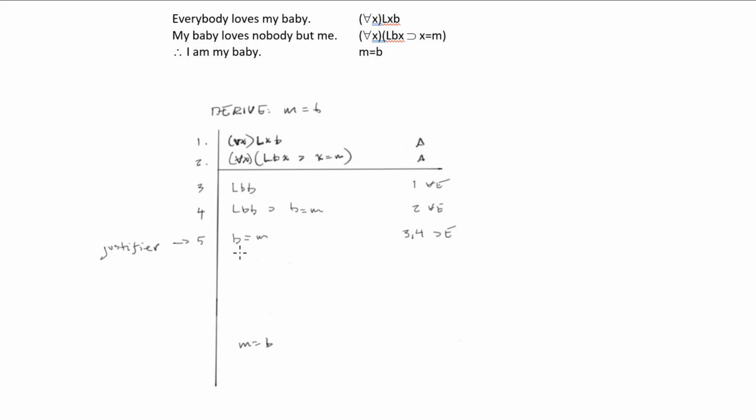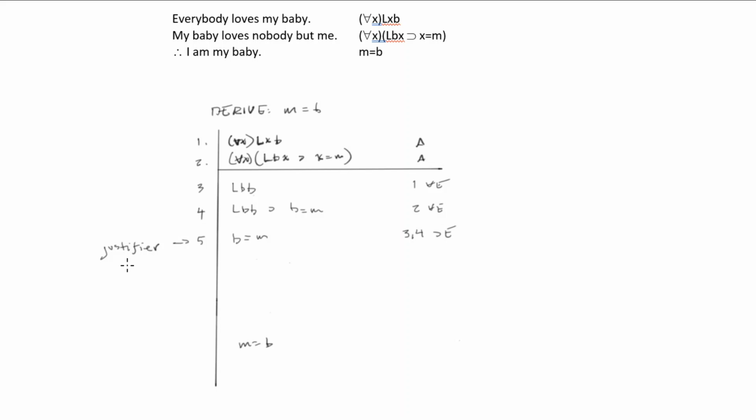What is a context for substitution? It's any sentence that has the name B in it or the name M in it. If a sentence has the name B in it, we could substitute M. If a sentence has M, we could substitute B. To be a context for substitution, a sentence simply has to have one of those names in it. Well, guess what? Line 5 has those names in it.